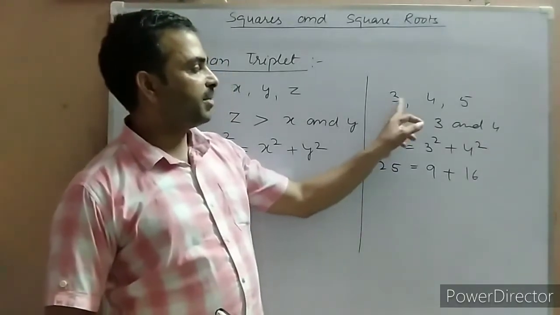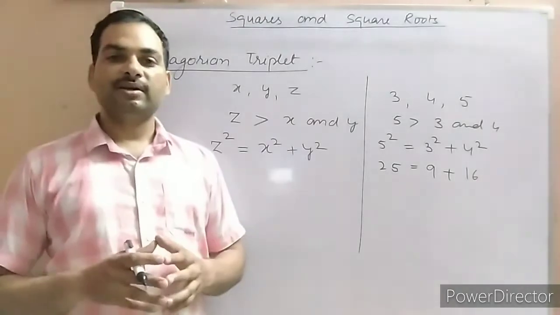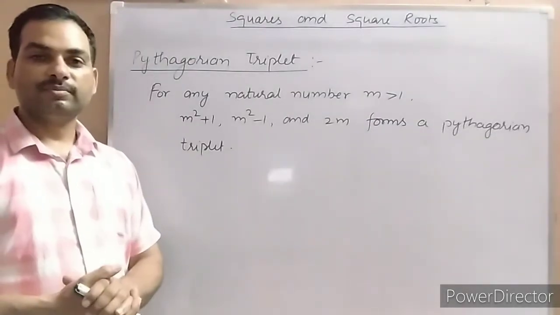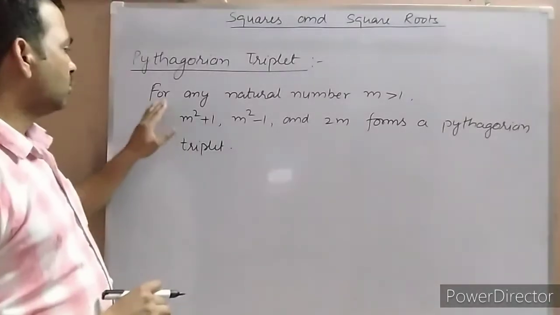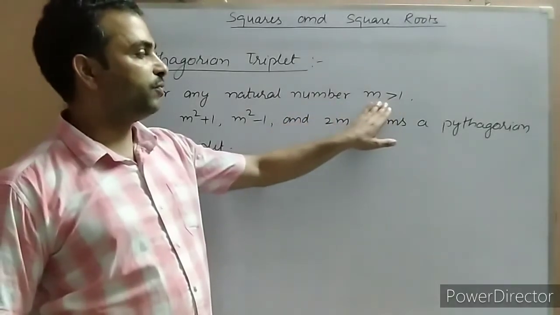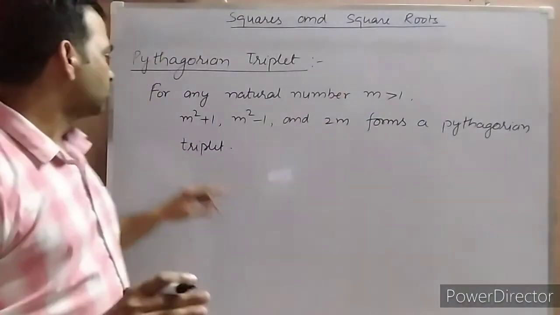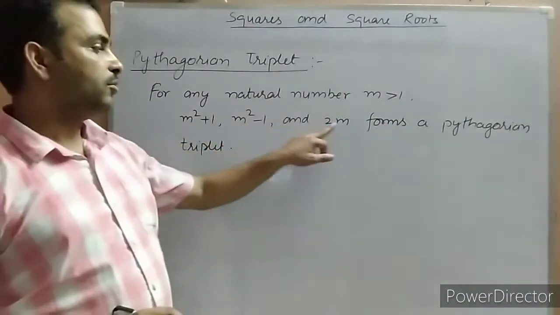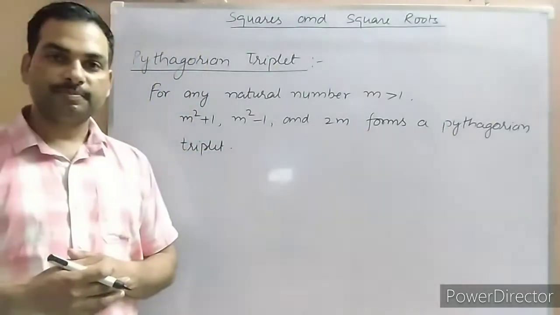Then these three numbers 3, 4 and 5 are known as a Pythagorean triplet. And the general form to find a Pythagorean triplet is, for any natural number m greater than 1, meaning 2, 3, 4, 5 and so on, m squared plus 1, m squared minus 1 and 2m form a Pythagorean triplet.